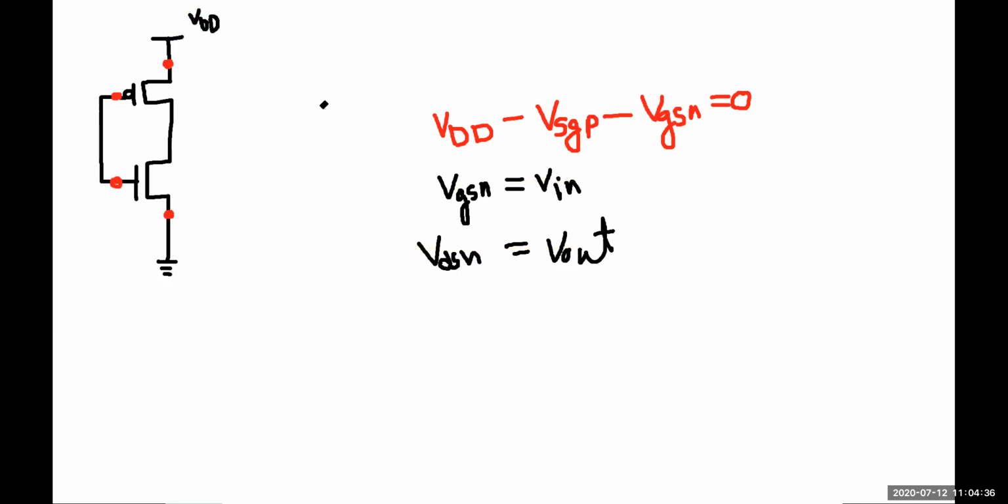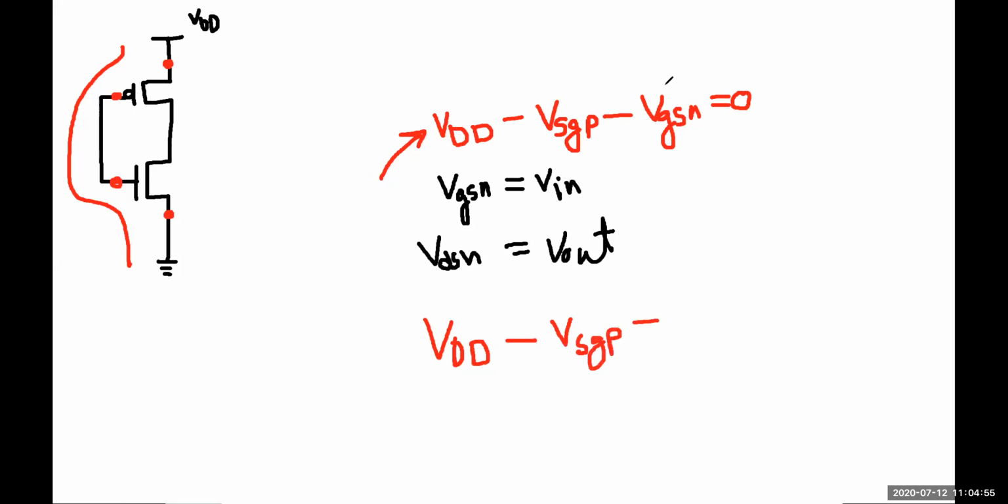We will apply the KVL in the input side that we have already done here. So from this formula, we can rewrite VDD minus VSGP minus, in place of VGSN, we can write V in, is equal to 0.